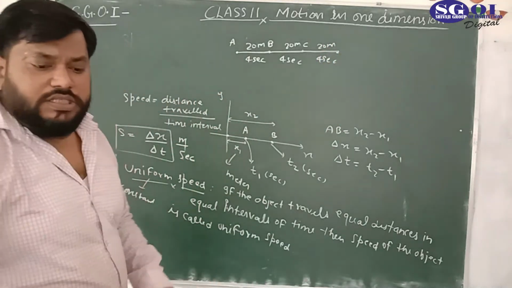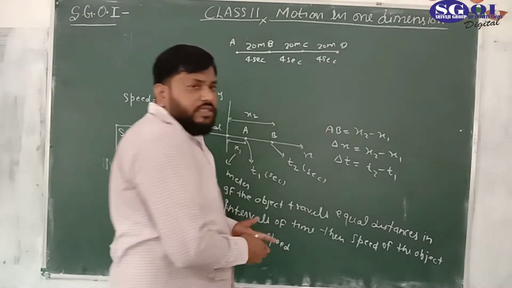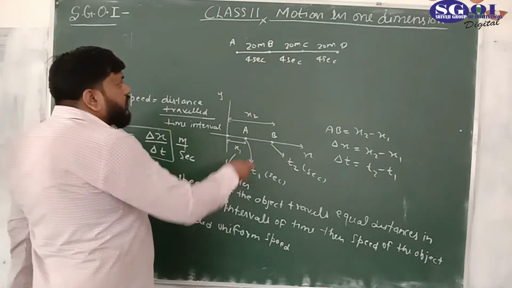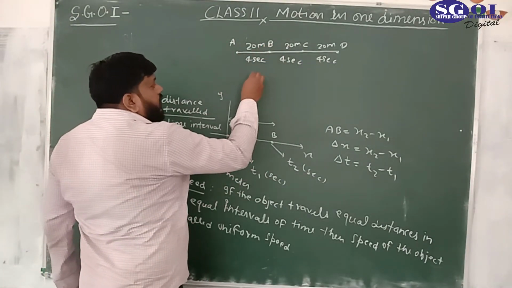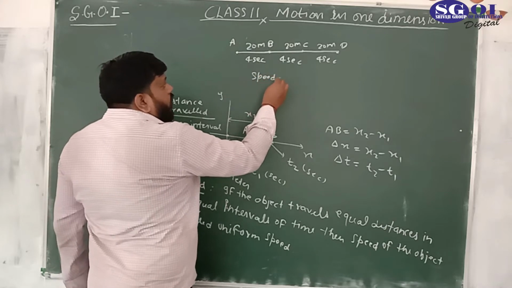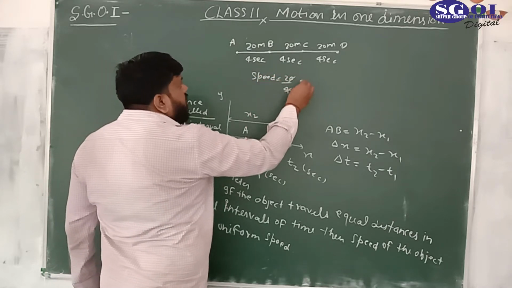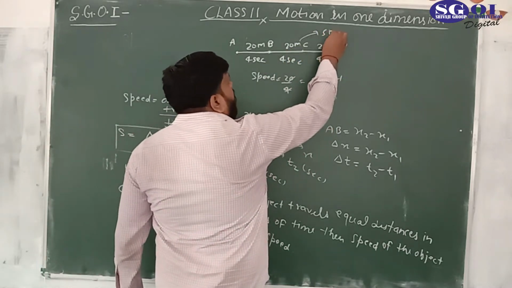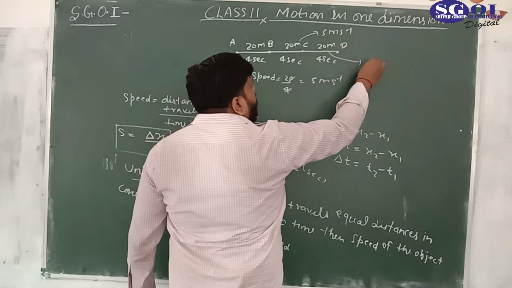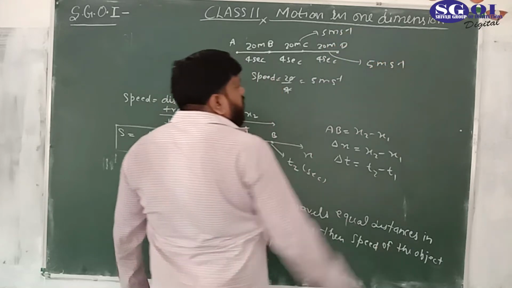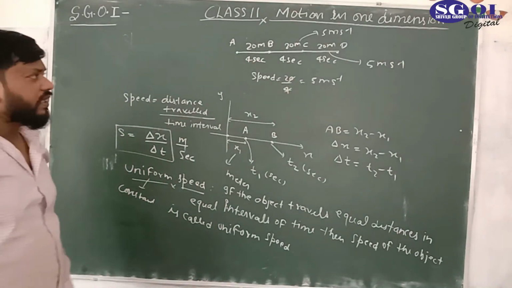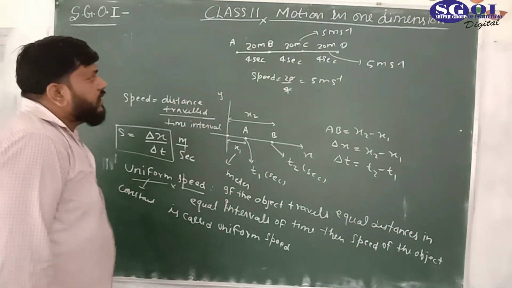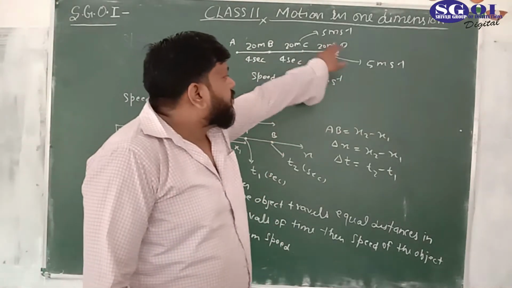So from A to B the speed is 20/4, that is 5 meter per second. From B to C, also 5 meter per second. From C to D, also 5 meter per second. This is the uniform speed. The object's speed is not changing with respect to time, so the object is moving with constant speed or uniform speed.